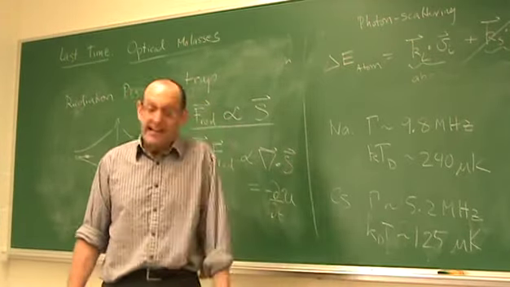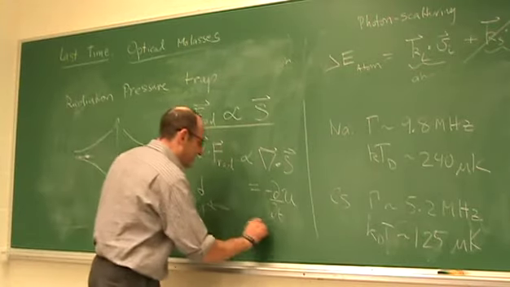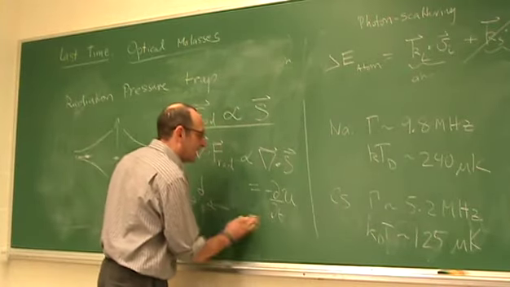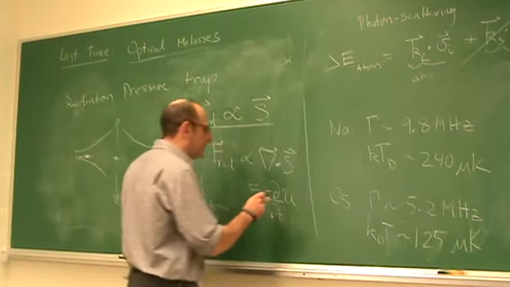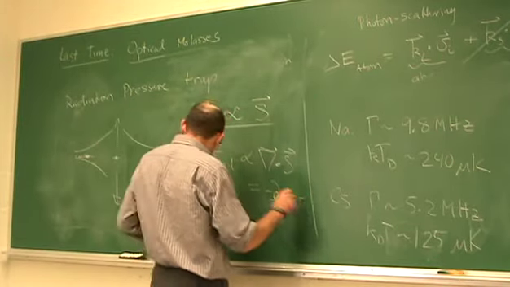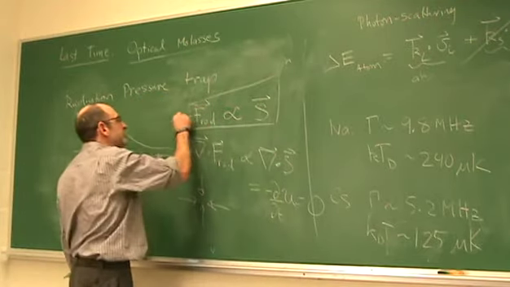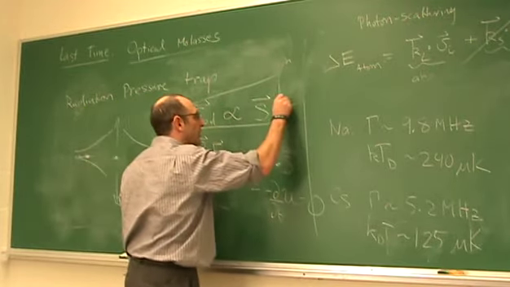I need to either have a sink or a source of energy. Otherwise, in free space, the photon will go somewhere else. So this is not zero. What this says then is that because I'm not absorbing or emitting right there, this is zero. This says that there is no radiation pressure trap if the force is proportional to the Poynting vector.